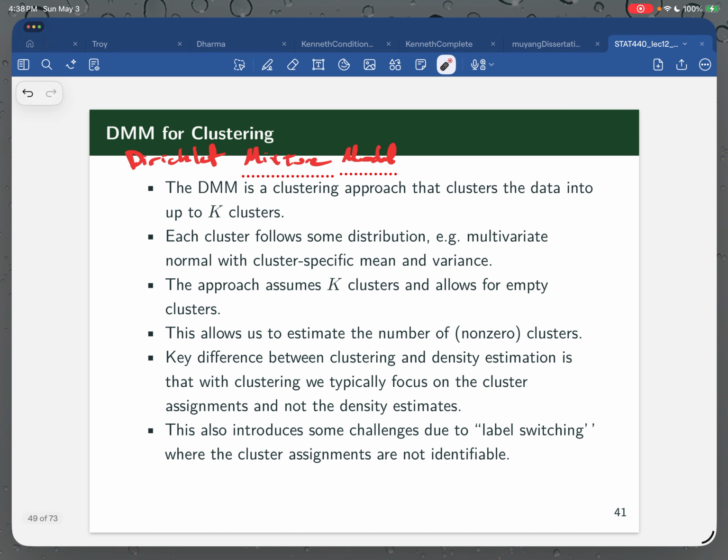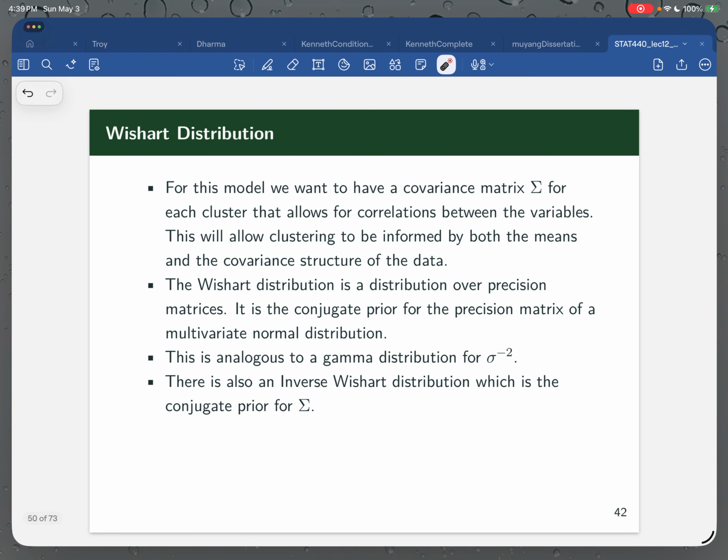Okay, we will need to learn a new distribution. The new distribution that we are going to learn is the Wishart distribution. And this is going to be essentially a multivariate analog to our gamma or our inverse gamma distribution.